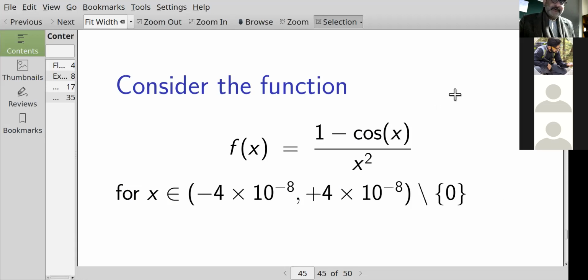Okay. Does anyone know the Taylor series for cosine of x, for x small? Even powers of x divided by the factorial, and you sum from 0 to infinity. Right. So cosine of x is 1 minus x squared over 2 factorial plus x to the 4 over 4 factorial and so on, right?